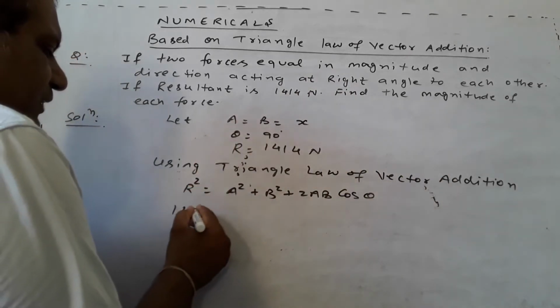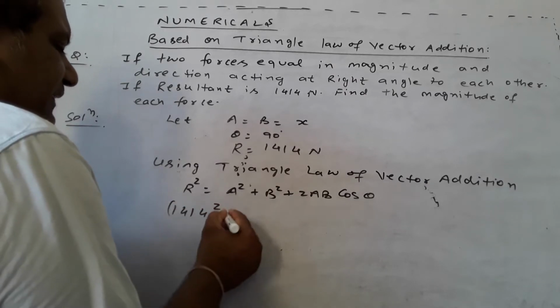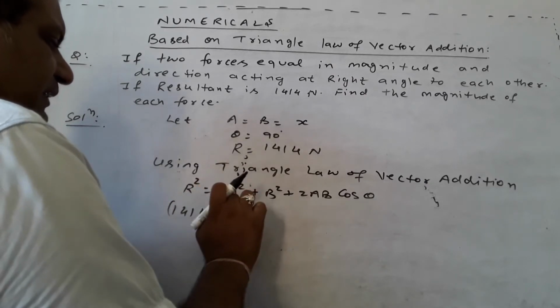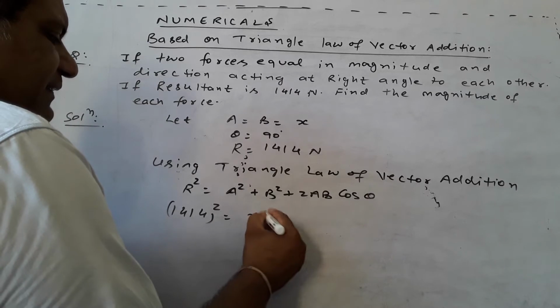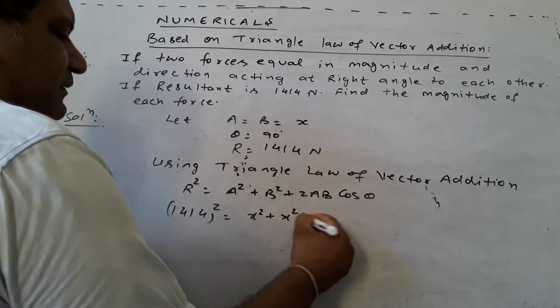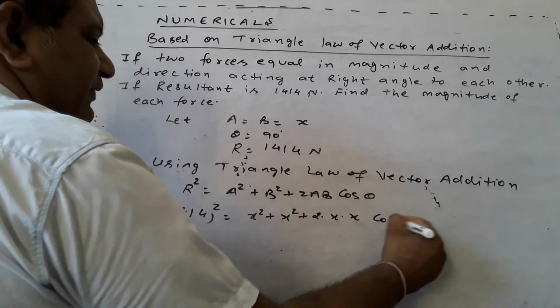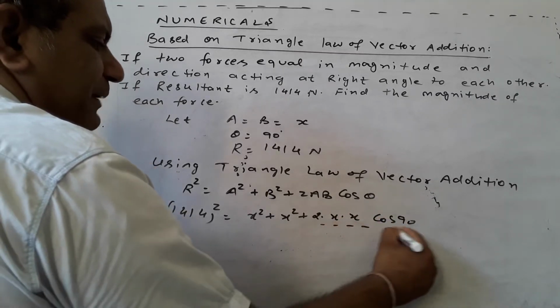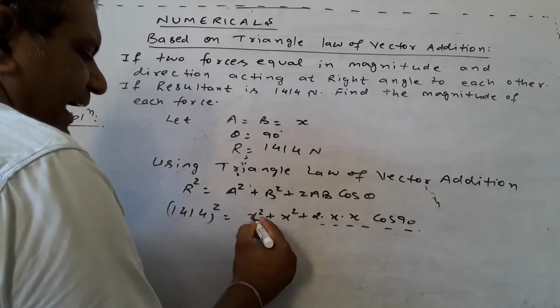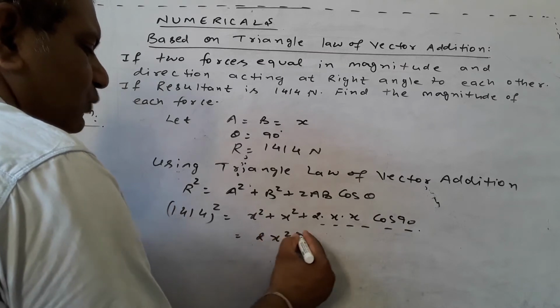R is 1414 whole square. This is x square plus x square plus 2 into x into x cos 90. Cos 90 is 0, so that term will be 0. Complete will be x square plus x square, this is 2x square.